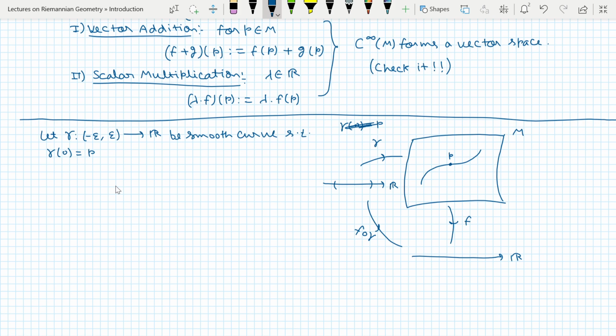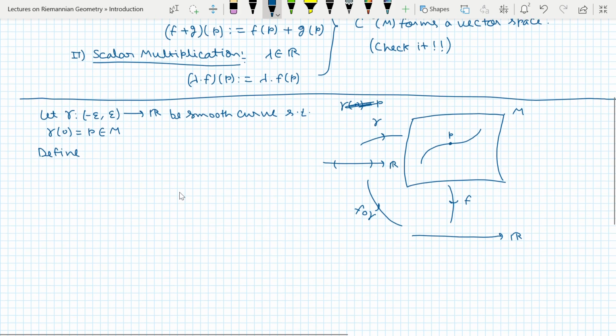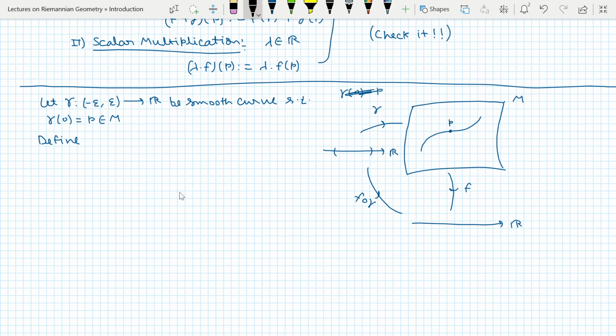Then we define the directional derivative operator, and this point P is coming from M. Let me write in another color, because this is the important object: the directional derivative operator at the point P along the curve gamma.